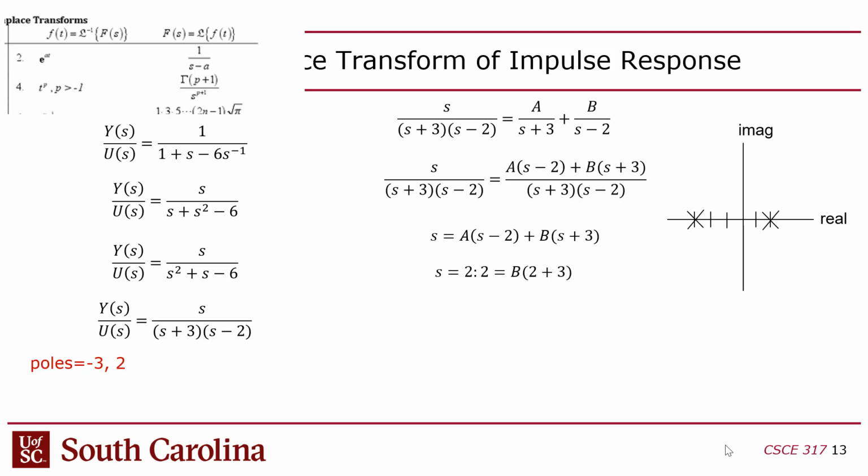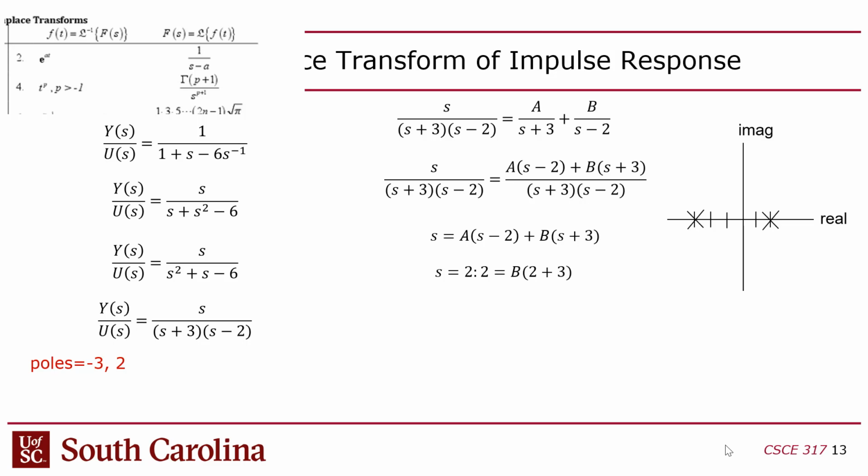But if you assume for the moment that s is 2, then you'll have 2 minus 2 here, so you'll have a times 0, which eliminates the a. And then on the other side, s plus 3 is 2 plus 3, which is 5, so you have 5b.